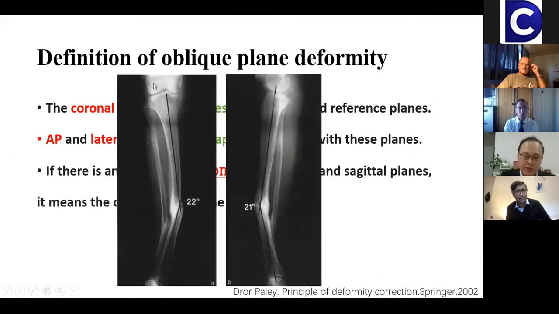From this view, the AP view shows a valgus deformity like this, 22 degrees. The lateral view shows an anterior deformity, pre-valgus term, 21 degrees. So in both planes we can find the deformity. So it is an oblique plane deformity.